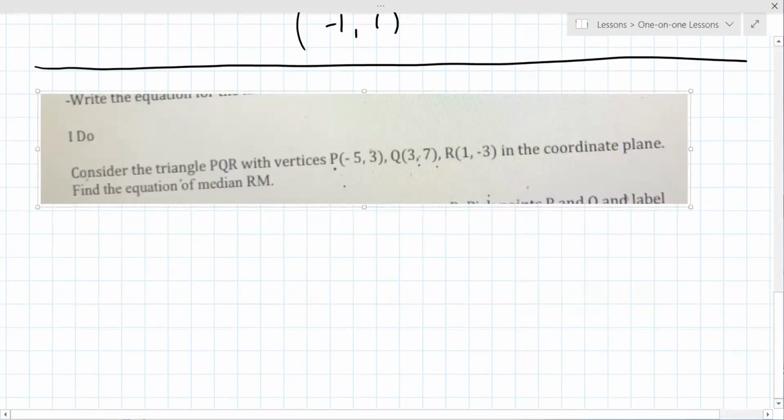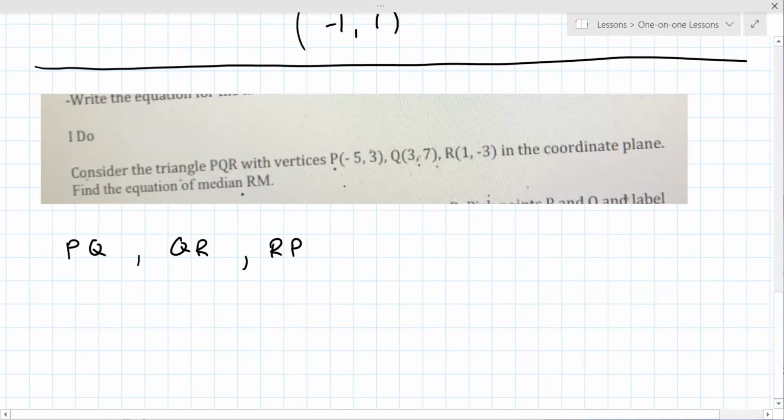You could graph it. We probably will, but to find the midpoint between P and Q, it's the same way we did. You can find the midpoint between Q and R, and then the last one would be between R and P. There are three midpoints here.